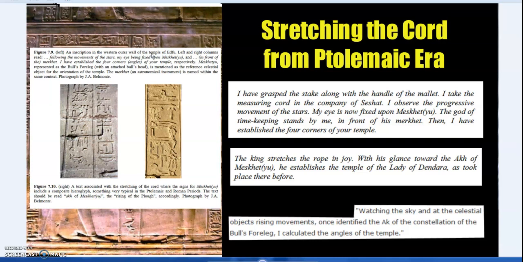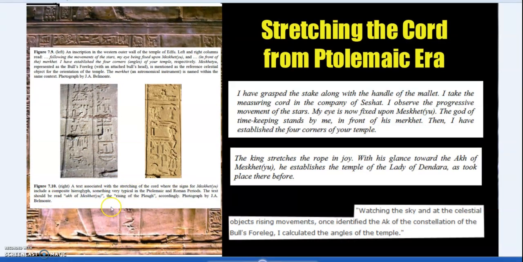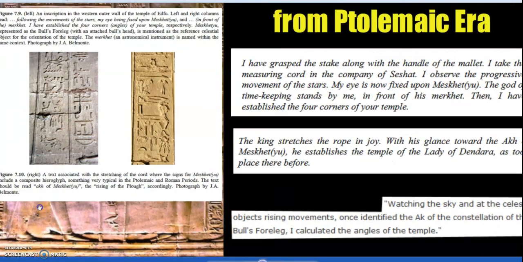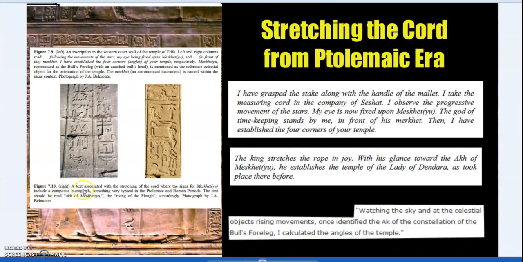But from this particular Edfu temple, we have a fuller version of that, and there's some interesting information in regards to the Meskhetiu, the bull's foreleg, the astronomical instrument, and the text associated with the stretching of a cord, where the signs of Meskhetiu include a composite hieroglyph, something very typical in the Ptolemaic and Roman periods.